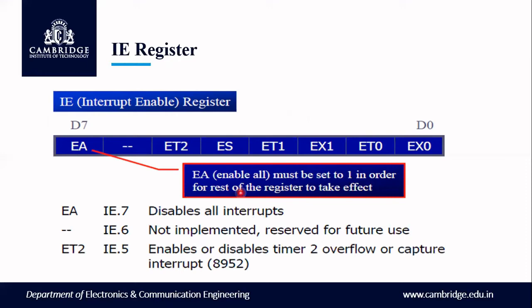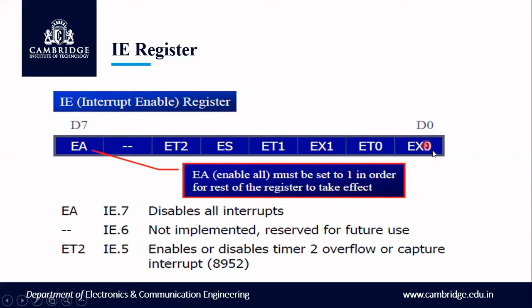So let us see the importance of the interrupt enable register. Whenever you are writing assembly language code, knowing this register is very important. The interrupt enable register is 8 bits.